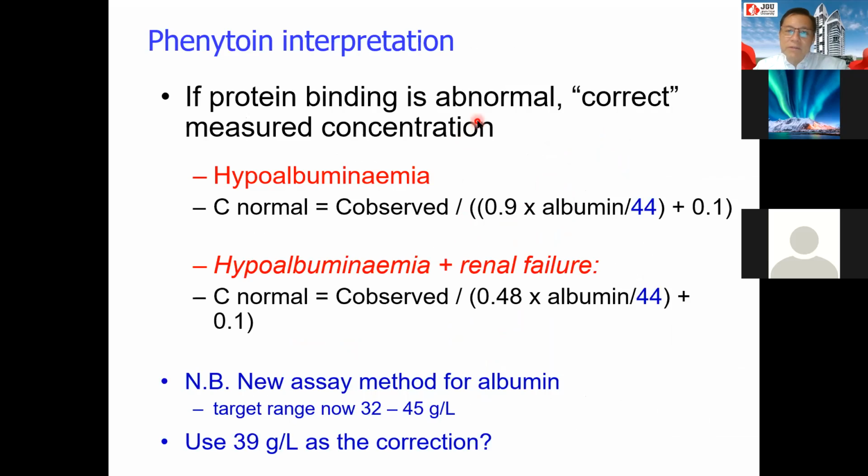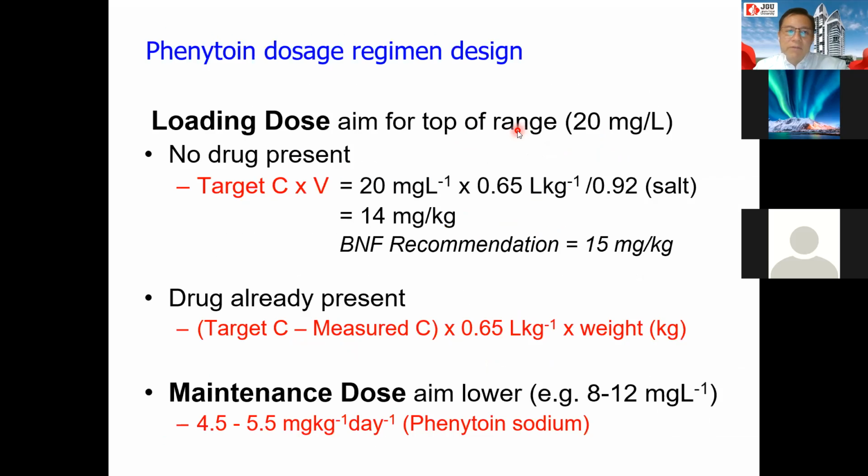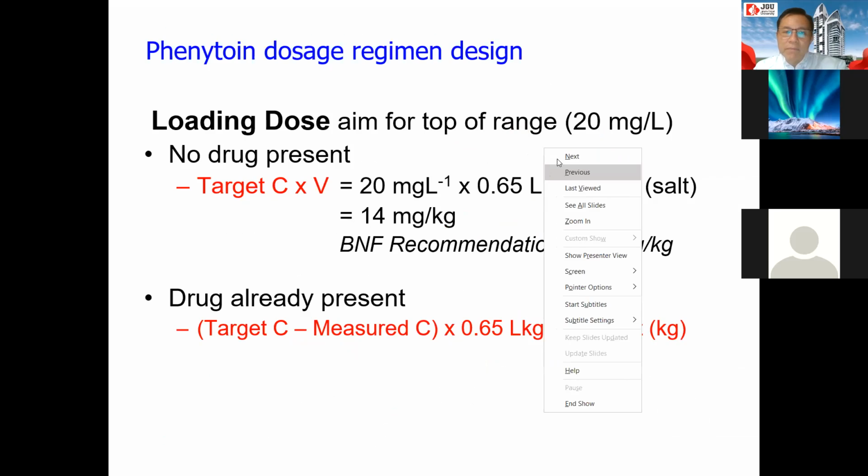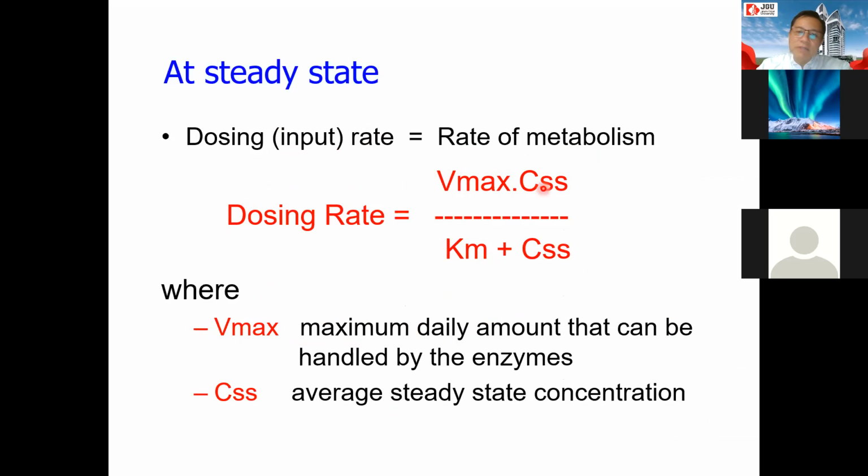If you have two data, it is better. If you have one data, then for each one of Vmax and Km, maybe you have to use the population data.